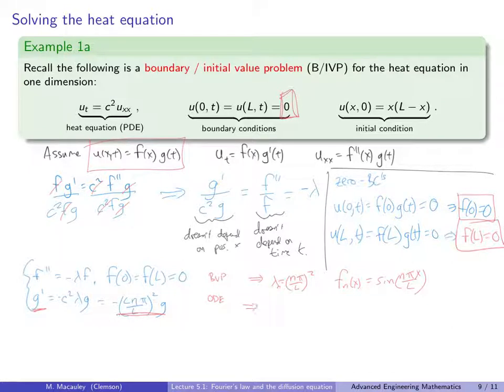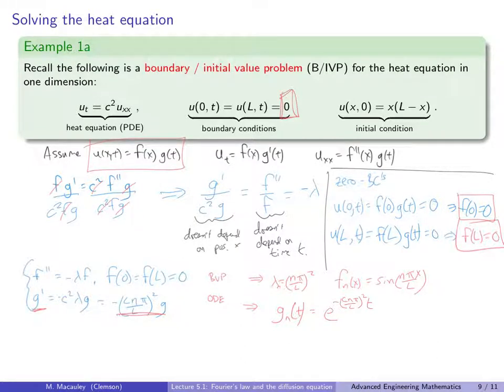It looks like a complicated constant, but remember, that just means that g_n of t, because this depends on this particular n, is just e to the negative that constant. So that's c n pi over L, quantity squared, times t.